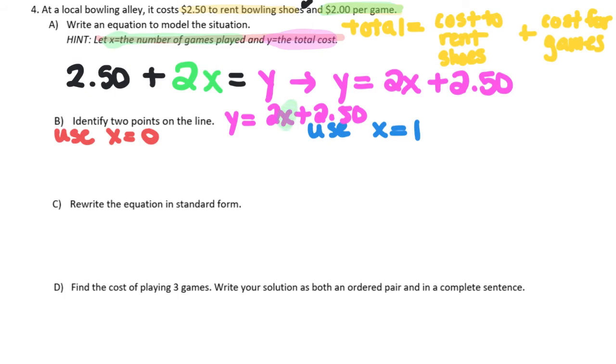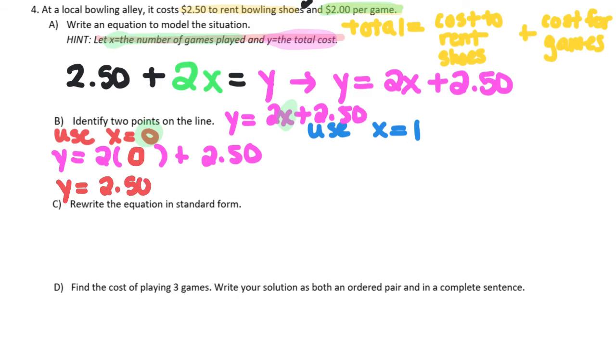For the first one, y equals 2 times the value of x plus 2.50. I'm substituting in this value of 0. When I simplify, 2 times 0 is 0, and this becomes 2.50. So my ordered pair can be 0, 2.50.